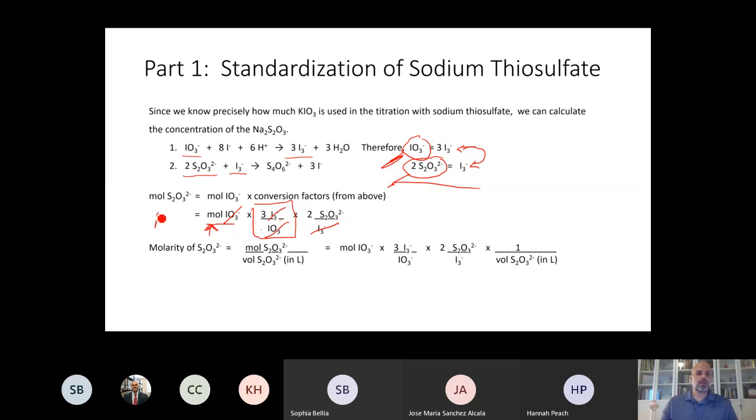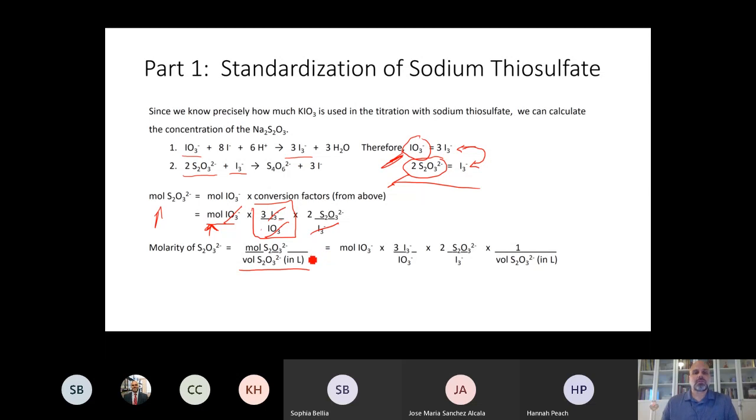So you can see that by having a known quantity of iodate, we can calculate the thiosulfate amount in the end. If you want to then convert this to molarity, all you have to do is divide by the volume of thiosulfate solution in liters that you have added.